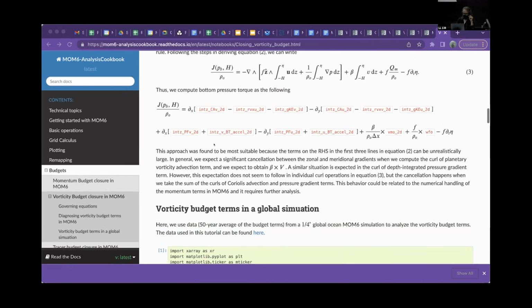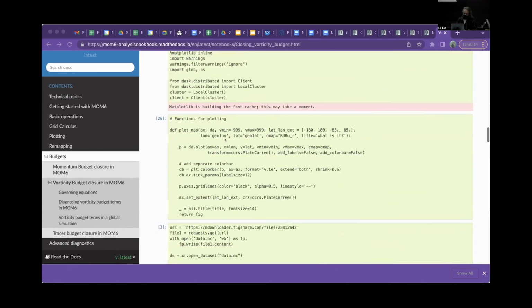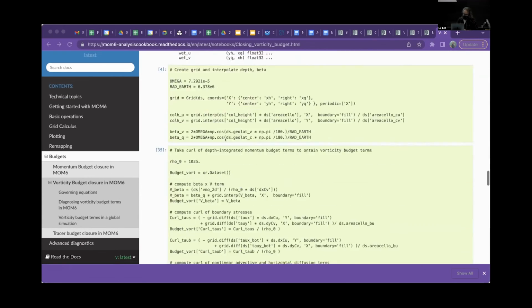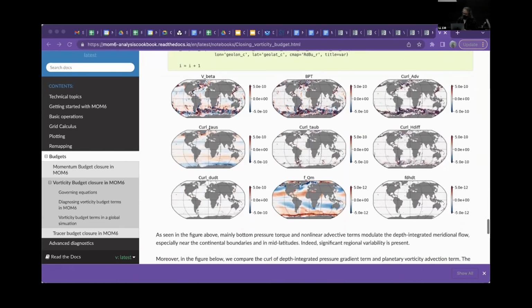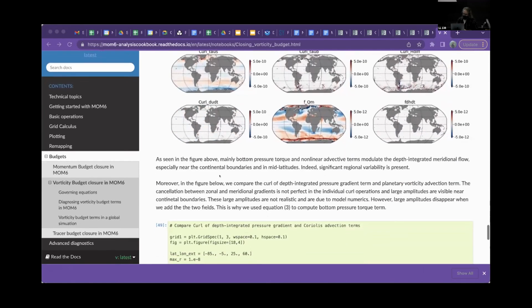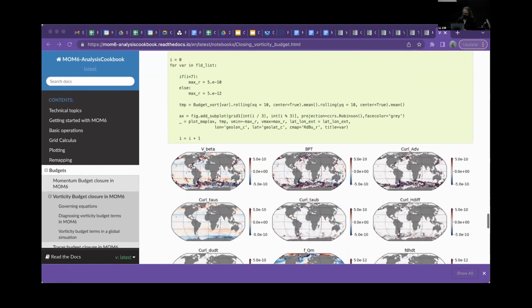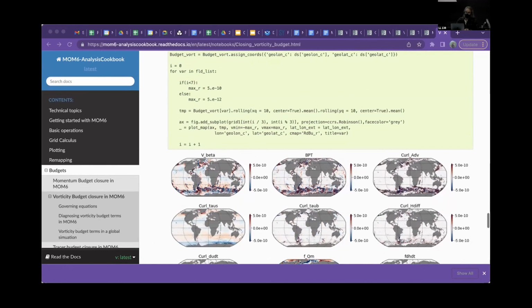And here is the diagnostic equation, and here's a Python script with examples of these terms. It's not a small script, and here you go. That's your barotropic vorticity terms in MOM6.